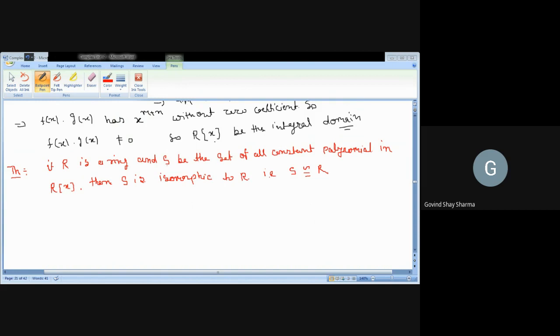Here R is a ring and S is the collection of all constant polynomials. So we will show here that R is isomorphic to S. For isomorphism, we know that we have to show a mapping from R to S that is one-one, onto and a homomorphism.